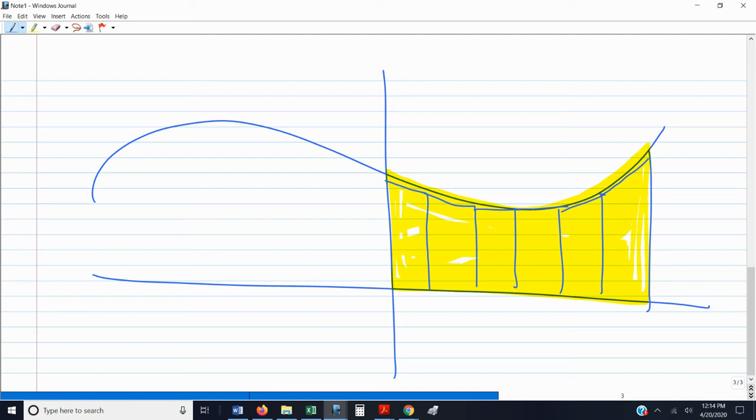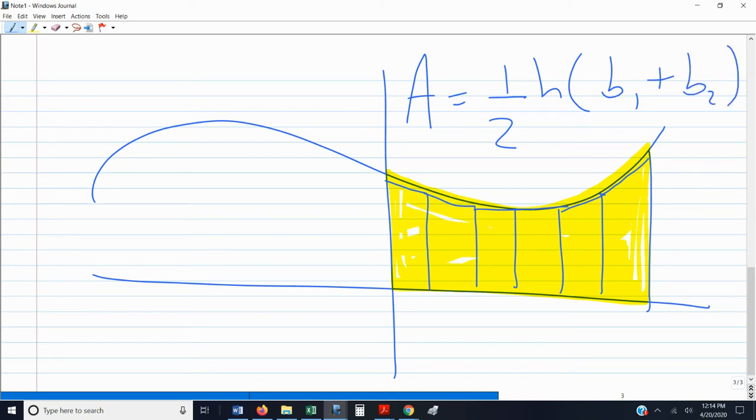So trapezoidal sum is creating trapezoids under the graph, or between the graph and the x-axis, finding the areas and adding them. Do you remember how to find the area of a trapezoid? It is 1/2 the height, b1 plus b2. Do you also remember where the height is on these trapezoids?